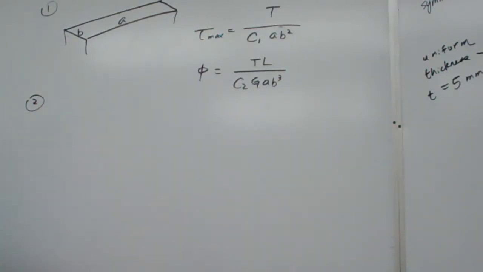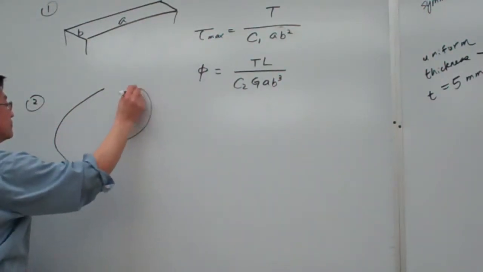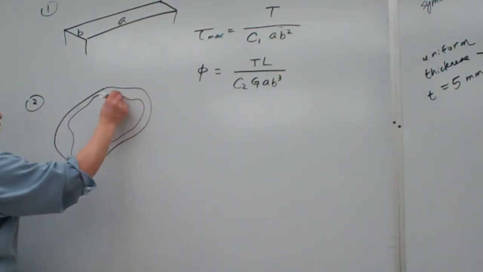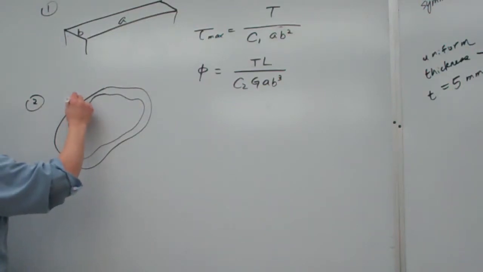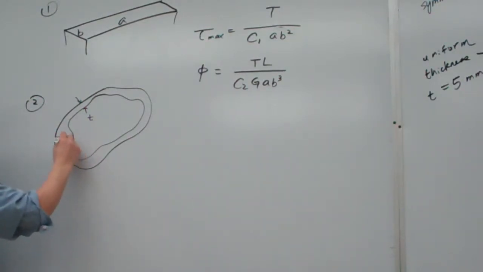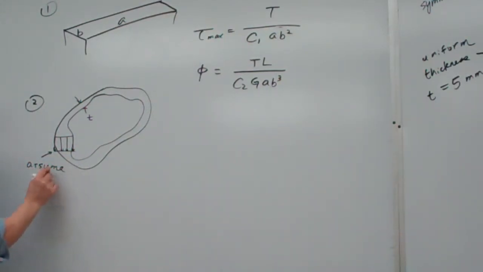The second one we study is the thin wall. The thin wall in general can have a varying thickness. The most important thing is that in the thin wall, we assume a constant tau across the thickness.